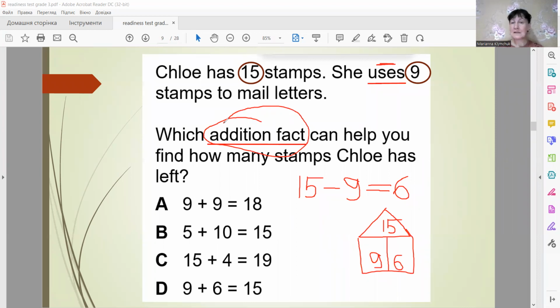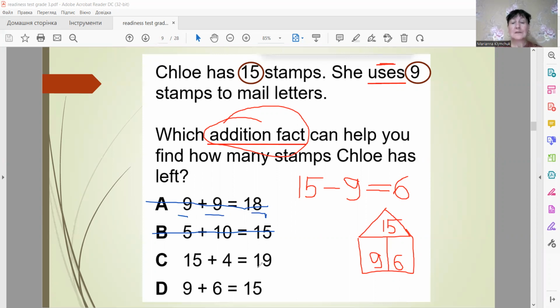And let us try to choose the answer. The first one, we have 9 plus 9 is 18. Do we have 18 in our house? No. No 18 in our house. So, no, this is not good. 5 plus 10 is 15. Do we have 10 in our house? Do we have 5? No. No. 15 plus 4 equals 19.